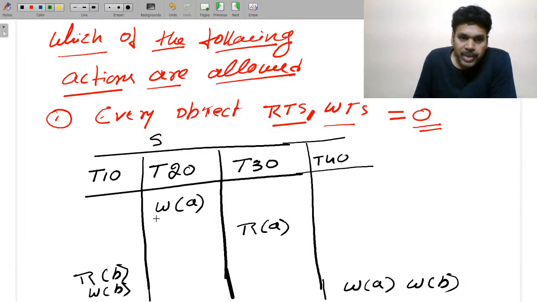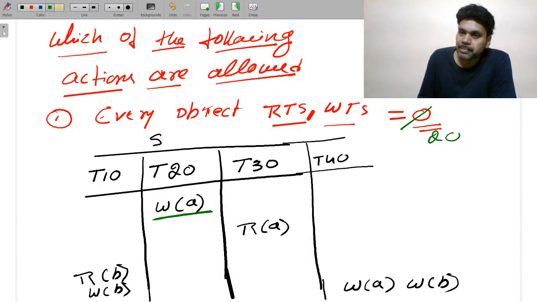So, T20 W of A is a success. Please see. Therefore, as I performed W of A, this becomes 20. Okay, friends, observe carefully. Next, R of A, you are coming with number 30.